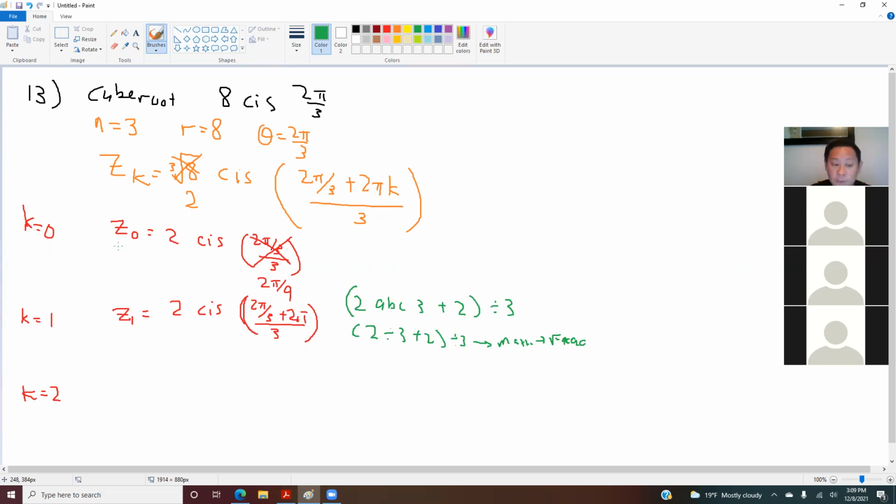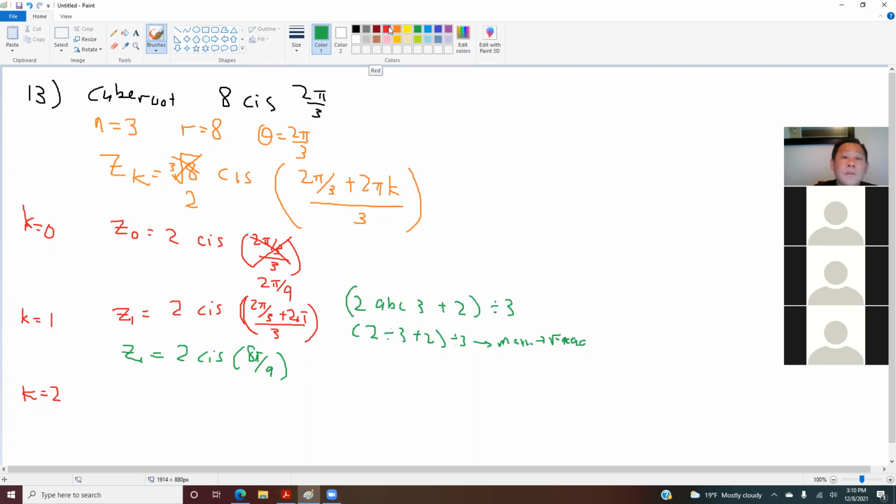Change the fraction. So this is 8 pi over 9. So this is going to be written down as Z1 in this case will be 2 CIS 8 pi over 9. And Z0 is 2 CIS 2 pi over 9.